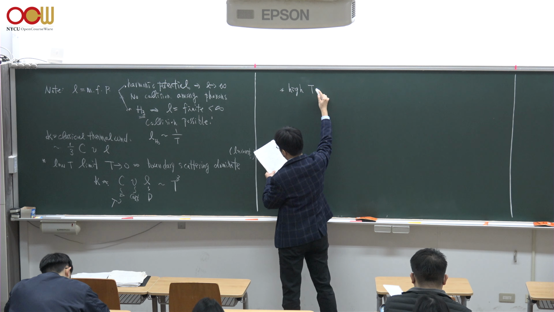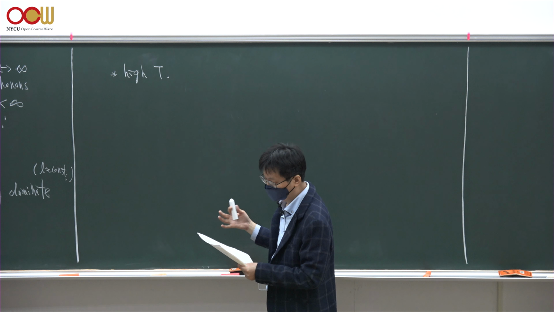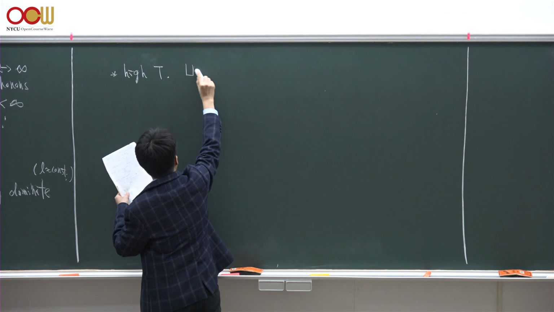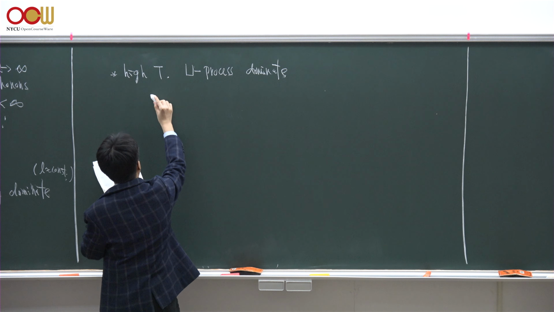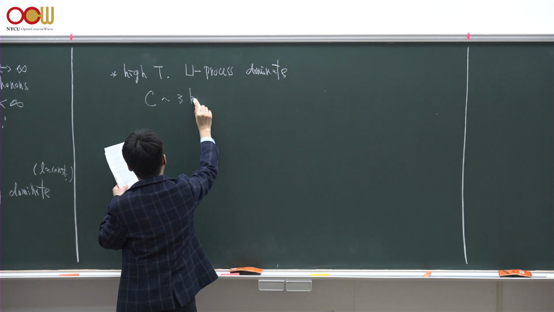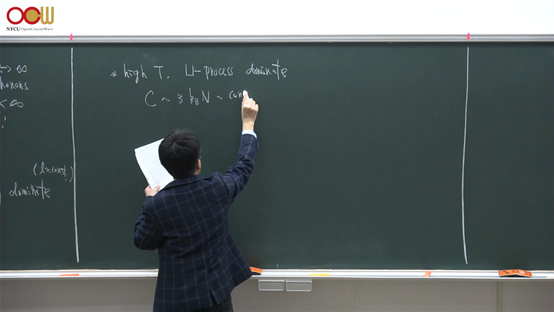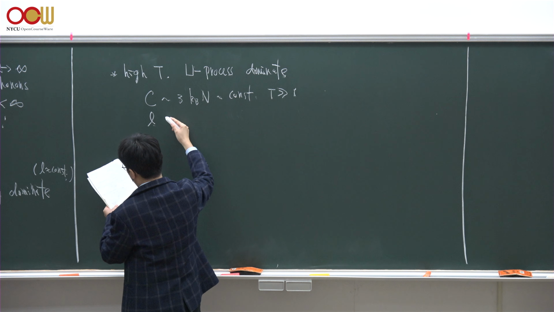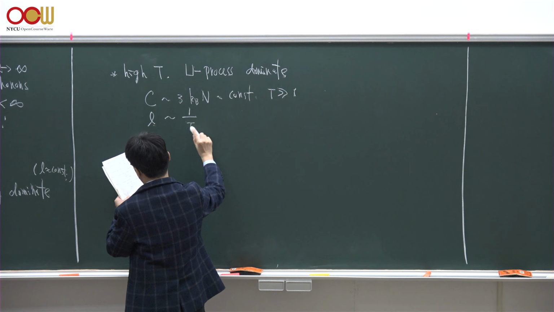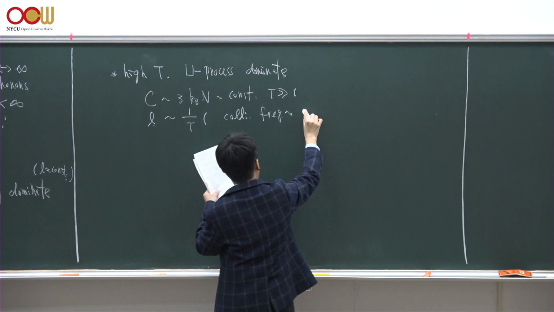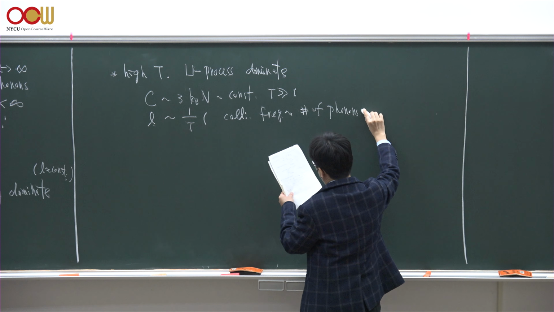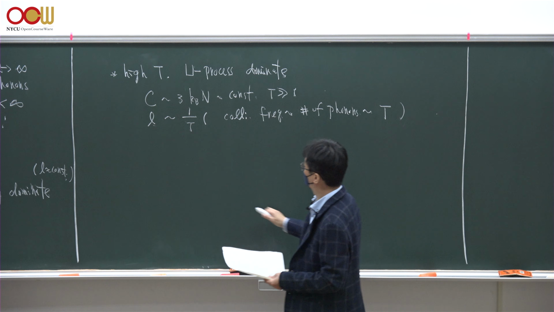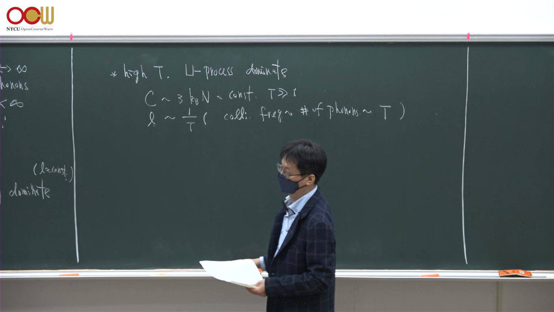Next, let's look at the high temperature limit. We haven't defined the normal and Umklapp processes yet, but we will in just a moment. Here the U process, the Umklapp processes, dominate. And this capital C, as I mentioned, is 3 k_B times n, which is almost a constant in the high temperature limit. As we expect, the mean free path is inversely proportional to temperature, because the collision frequency is proportional to the number of phonons, and the number of phonons is proportional to temperature T. As a result, L is almost 1 over T behavior.